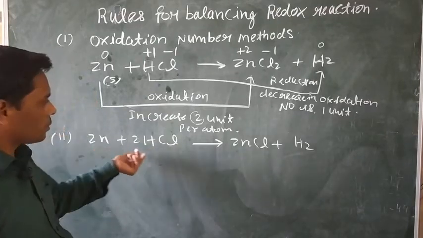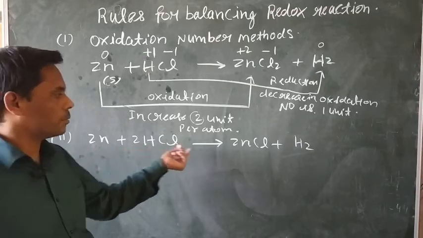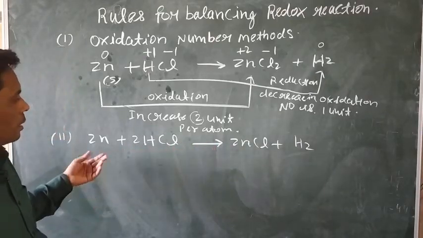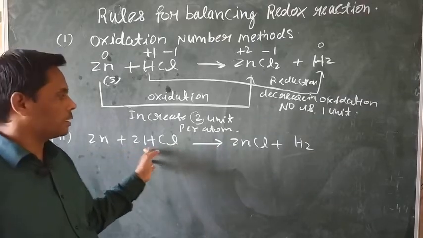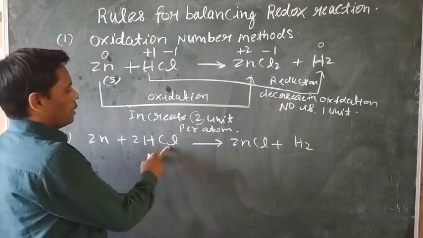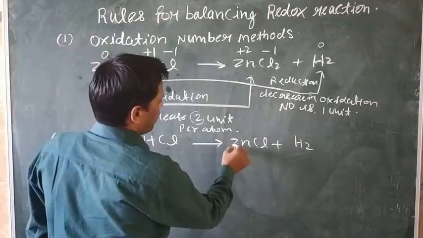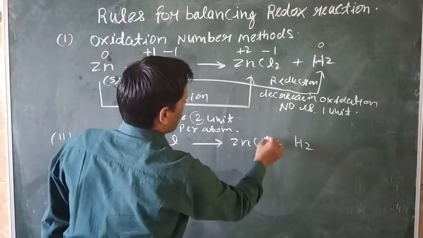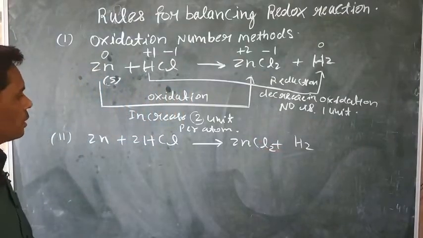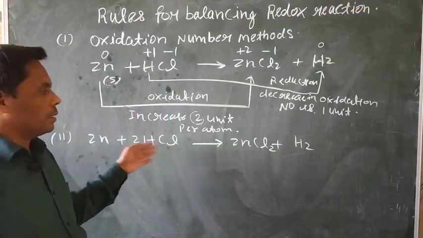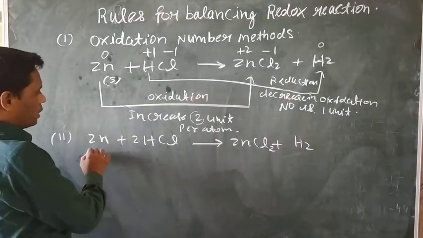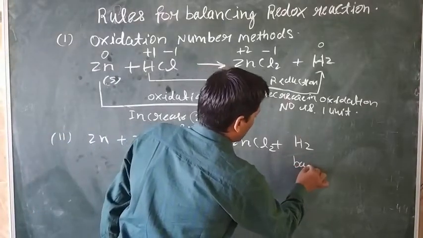There is no oxygen on either side, so it is not required in this reaction. Hydrogen is already balanced, and chlorine is already balanced, so we can say this reaction is balanced by the oxidation number method. So this is the balanced reaction.